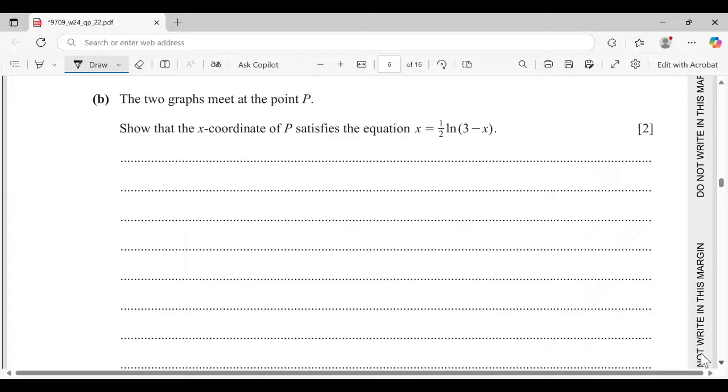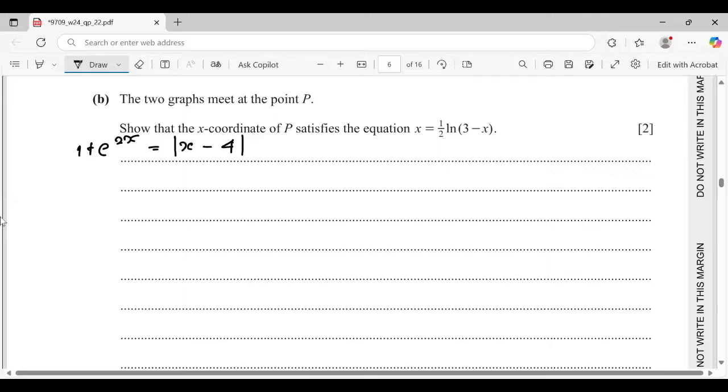Next question. The two graphs meet at point P, as I have shown you, so that the x-coordinate of P satisfies the equation x equals 1/2 ln(3 minus x). We want to solve for the intersection I just showed you on the diagram. Now we set the two equations: 1 plus e to the power 2x equals modulus x minus 4.